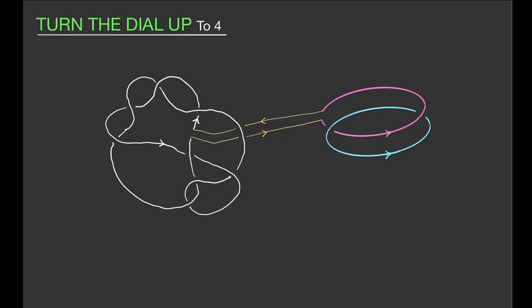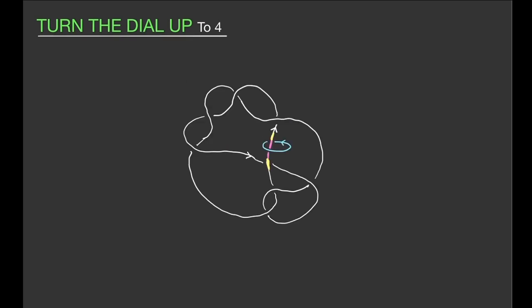Doing so brings us to this diagram where we've essentially reeled in the magenta part, and along with it has come the cyan component. Now we've done one oriented band surgery so far. Let's do a second oriented band surgery, and now we'll do that from the cyan component to the knot.